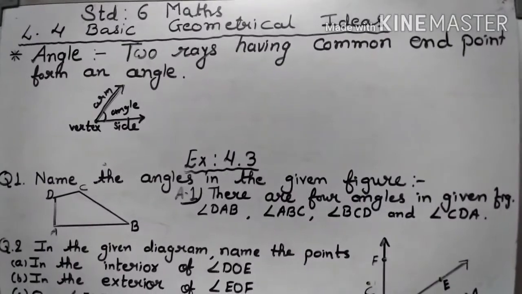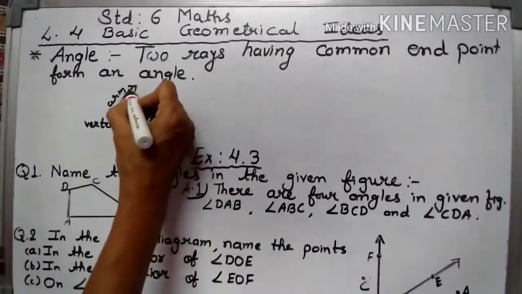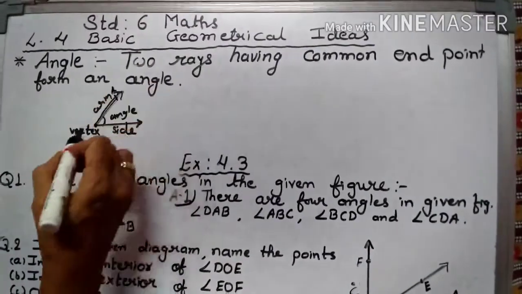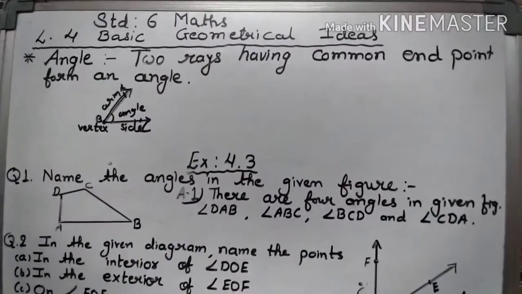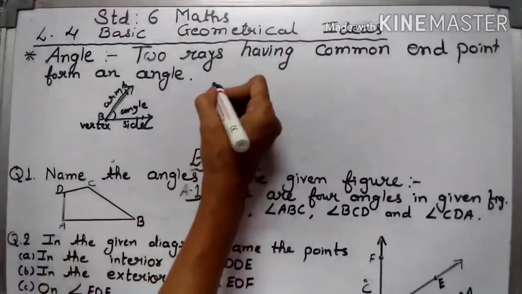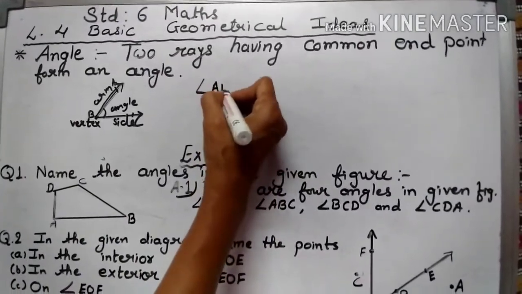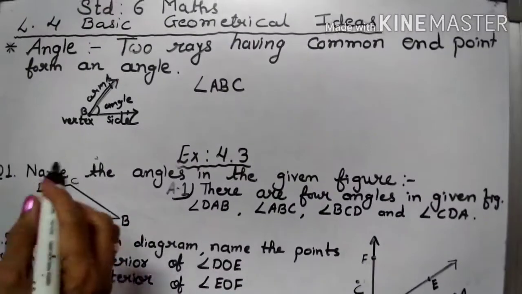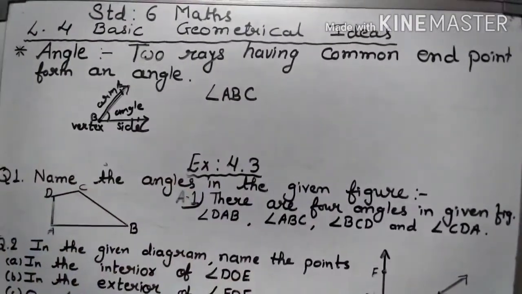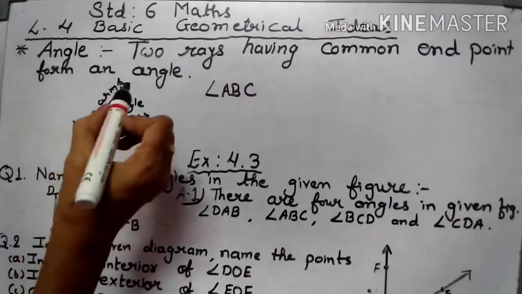These angles can be denoted like this: suppose I give the name A, B, C. So you can write angle ABC, this is the symbol of an angle. This angle is denoted like this with this symbol.